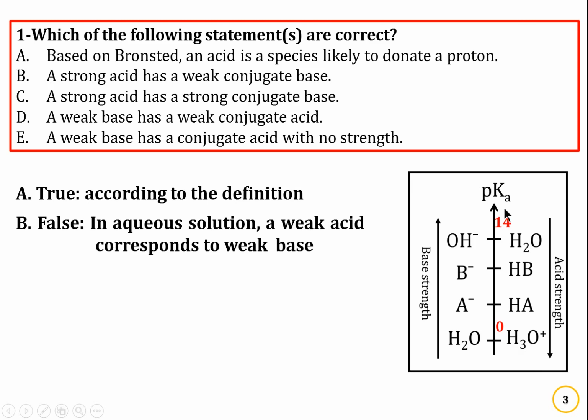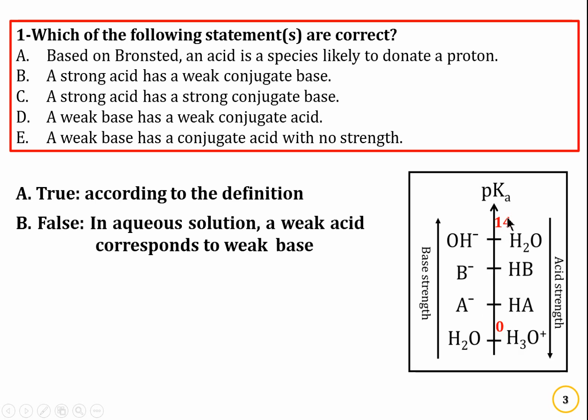since our study in chemistry of solution is in aqueous solution, where we use water as solvent. And as we said, the pKa of the couples are between 0 and 14, and for each couple, the acid is weak and the base is weak.